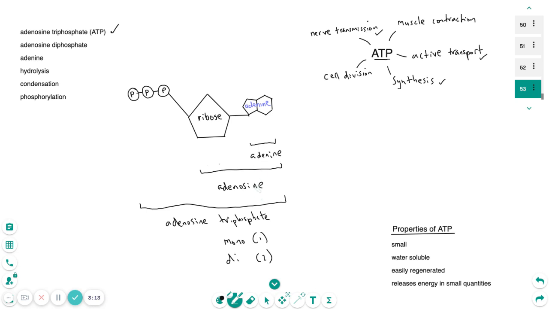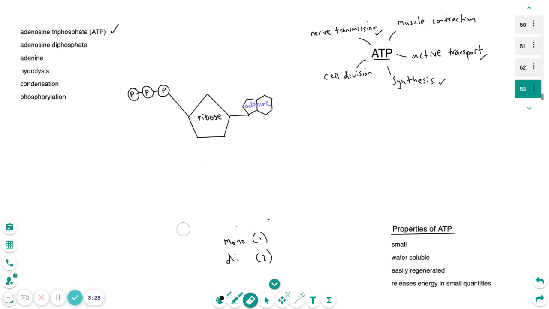So how does this give energy then? Well, you could use energy from glucose directly, but it'd be very inefficient because there'd be a lot of heat loss. The good thing about ATP is it gives a very small package of energy, 30.6 kilojoules per mole.